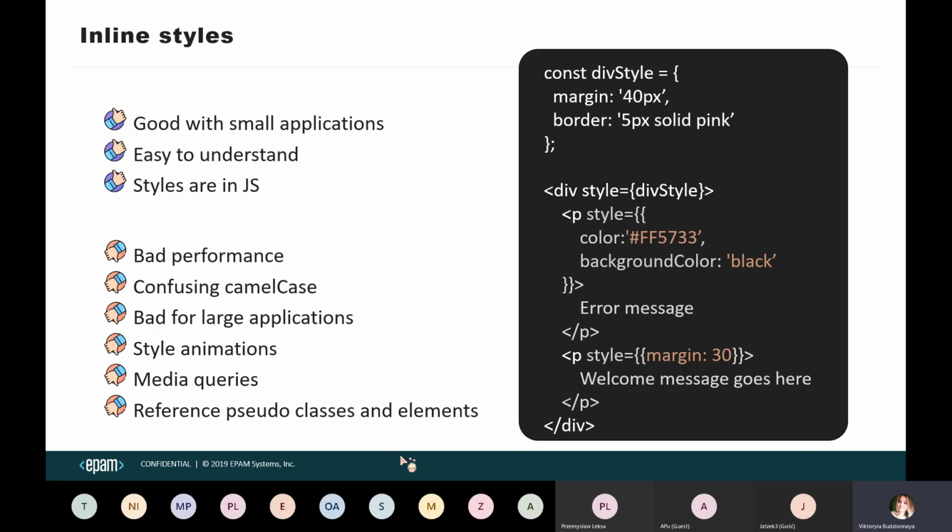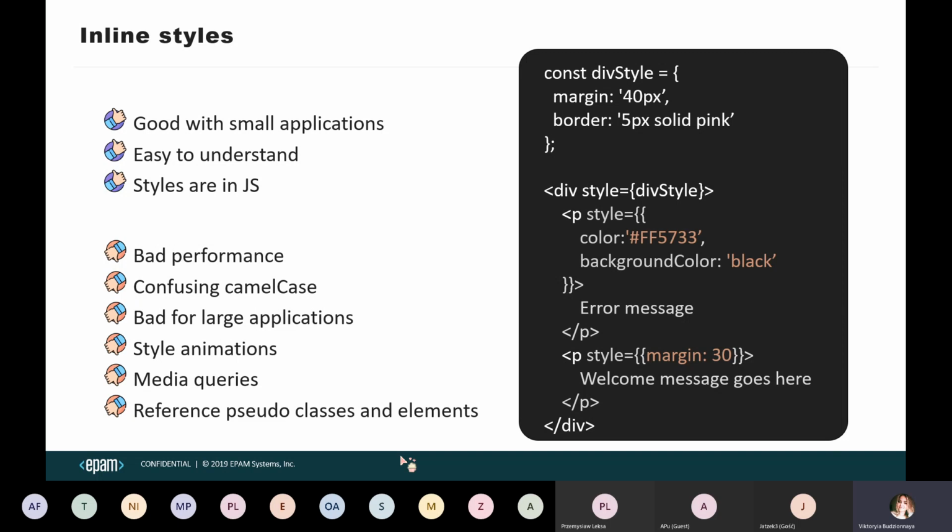So, the first one we will discuss is inline styles. The main principle of this method is that we write styles like an object right in the JSX. As I said, the same method we can apply in simple HTML files, but it's not a good practice.